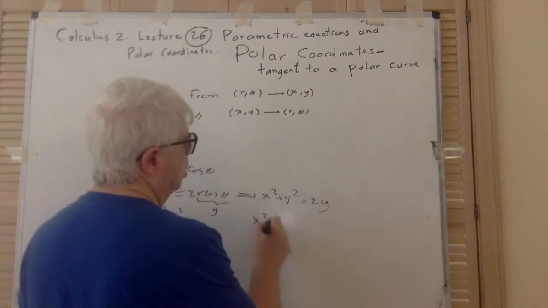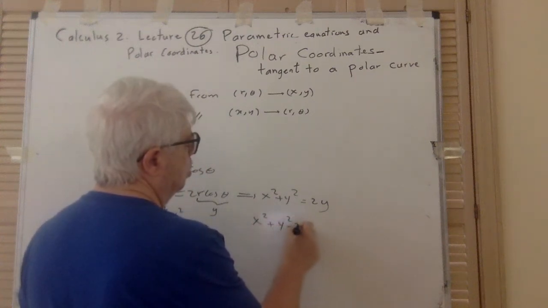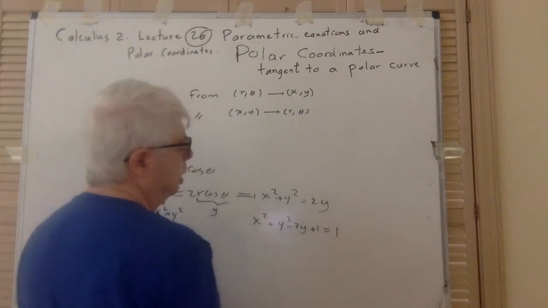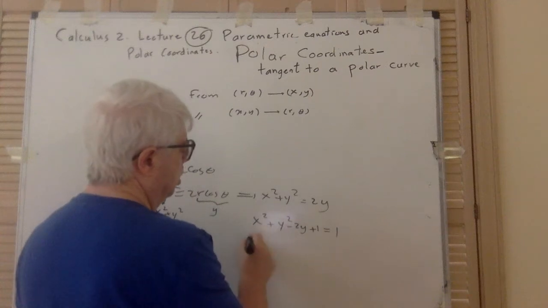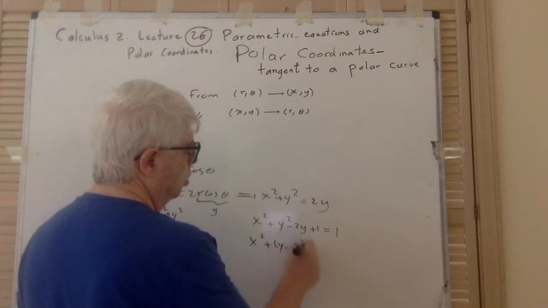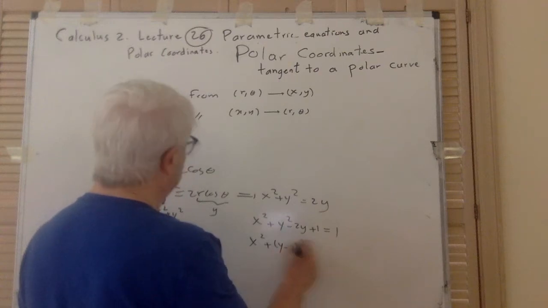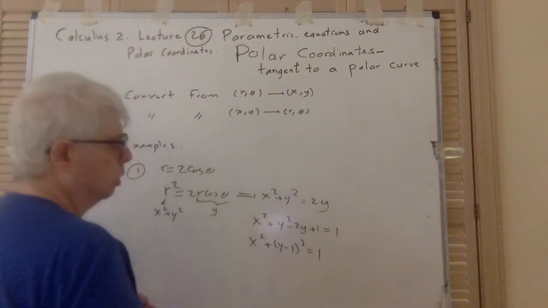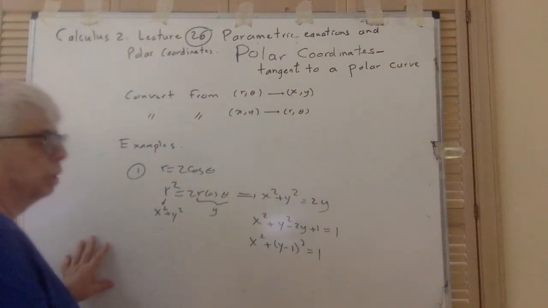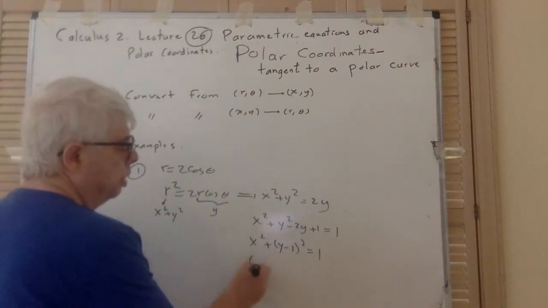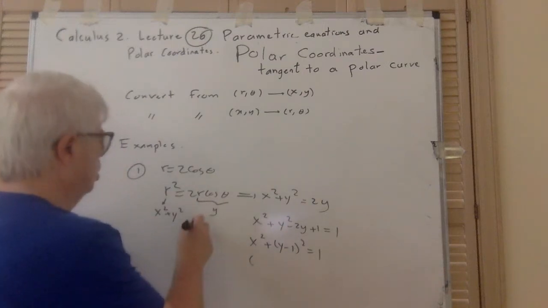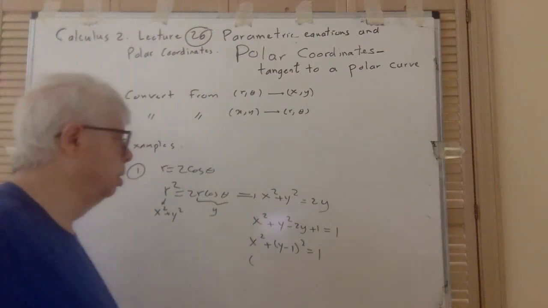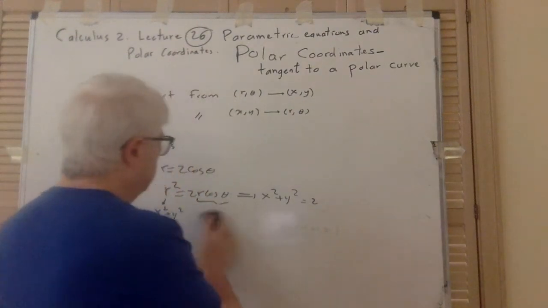Wait, I'm saying it wrong: r cosine theta is x, not y.